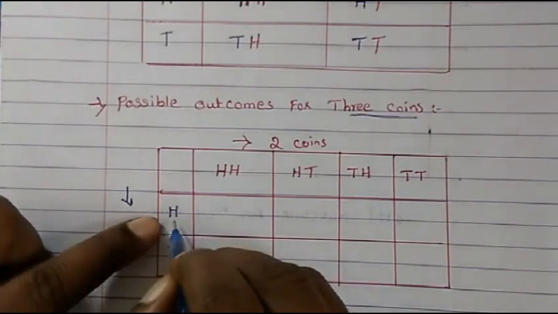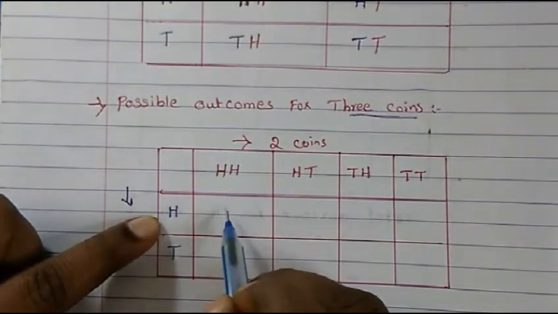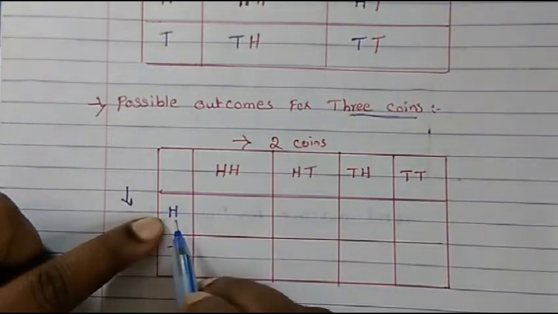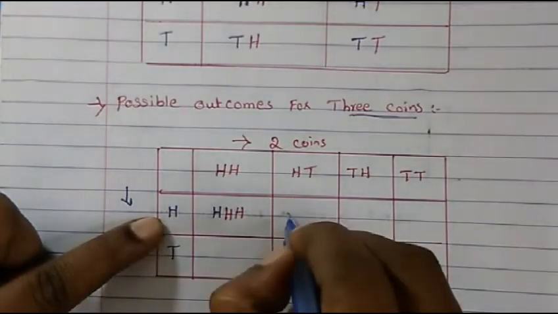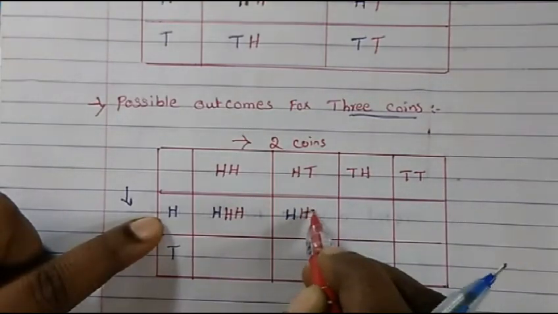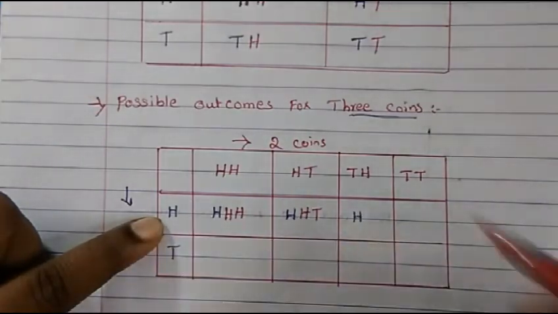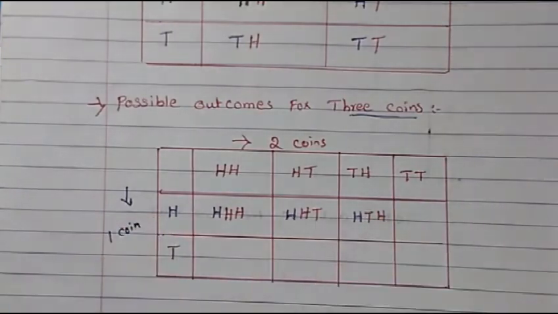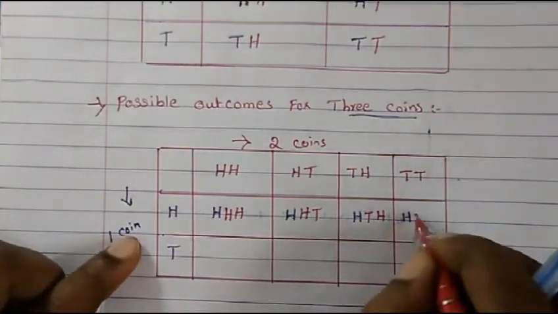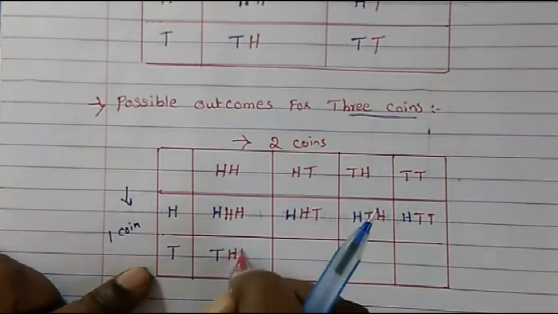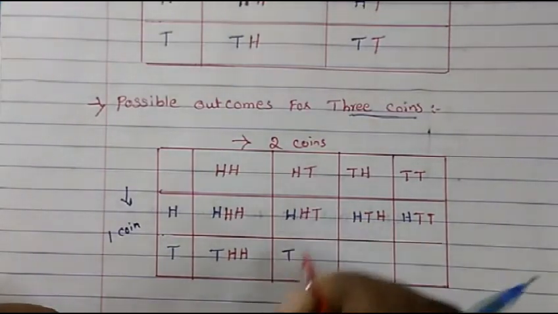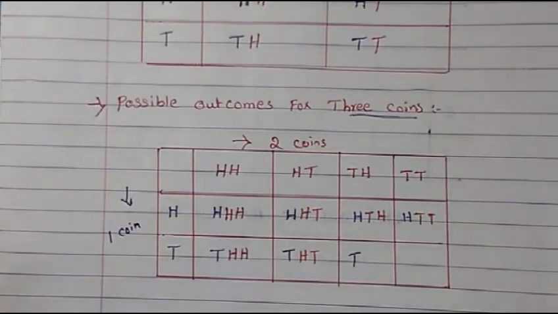So for 1 coin, with head, from the other 2 coins it can be head and head, head and tail, tail and head, and tail and tail. In the same way, with tail there can be head and head, head and tail, tail and head, and tail and tail.